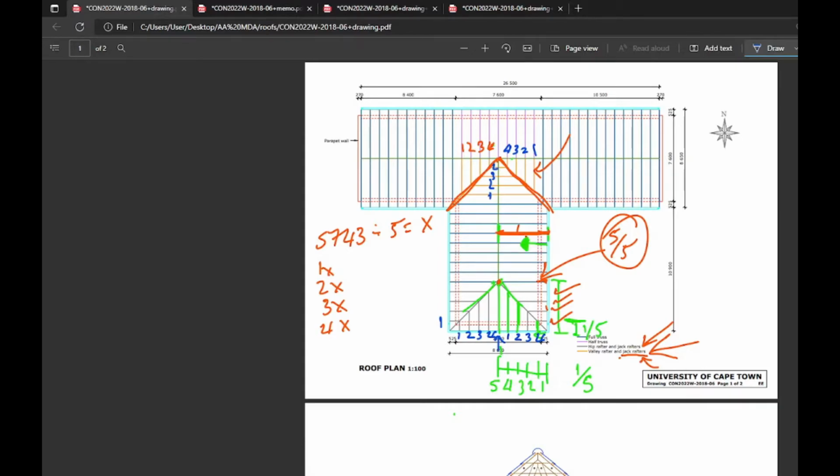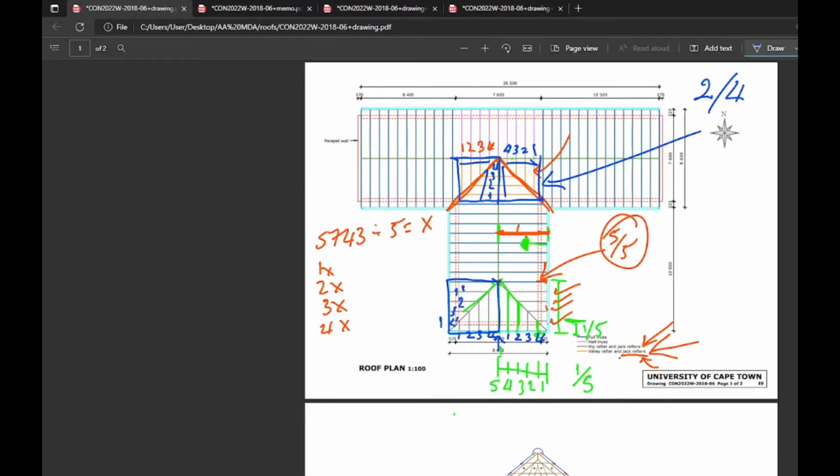1, 2, 3, 4. So for this square, I hope this is going to be clear enough. 4 on this side, 4 on this side. Okay? 4 on this side, 4 on this side. For this section alone, we already see that there's 2 times 4. Okay? Let's jump across to our hip rafters. 1, 2, 3, 4.